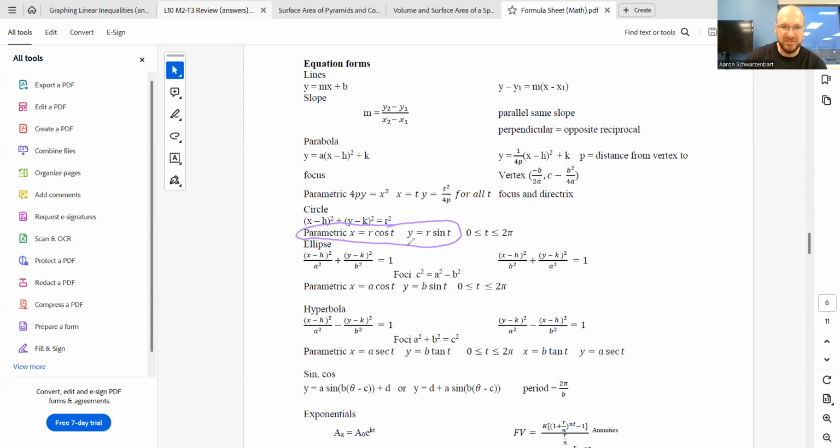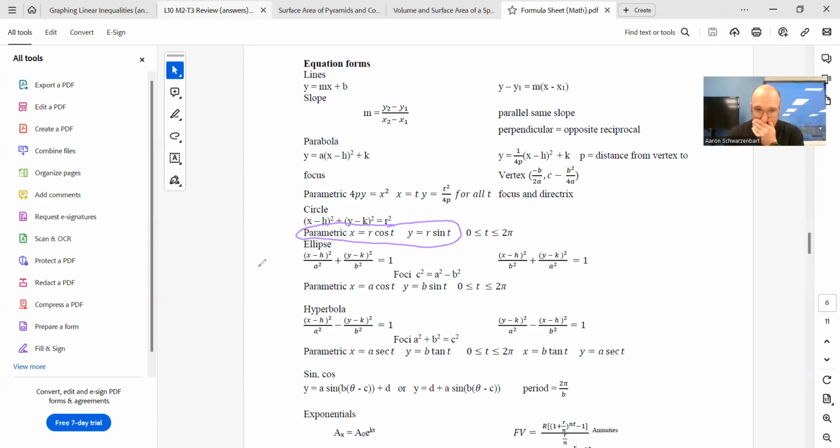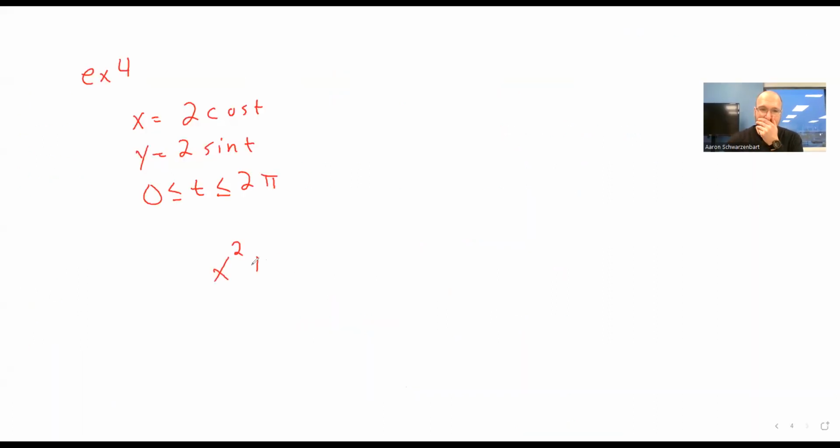I have nothing plus or minus to change it, so it's plus. It's 2 is the radius, and it's circle centered at 0, 0. So that means radius is 2, so x squared plus y squared equals 4.